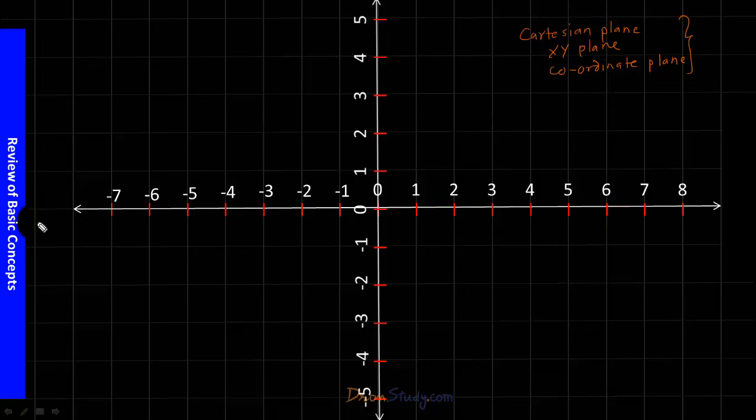And this horizontal number line, if we denote it as x dash, then this x dash will be called the x-axis. And this vertical number line, if it is denoted as y dash, then this y dash will be called the y-axis.